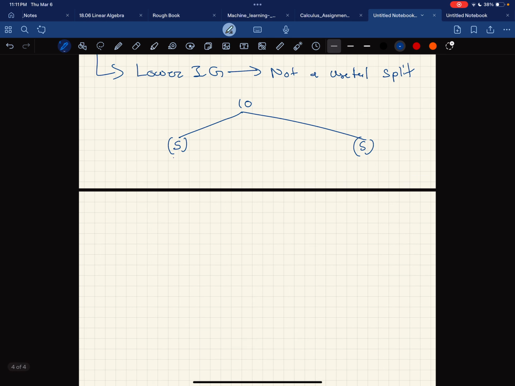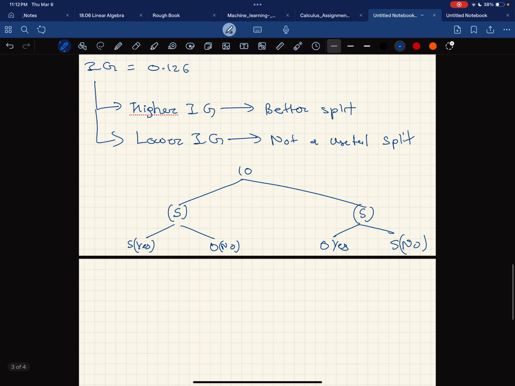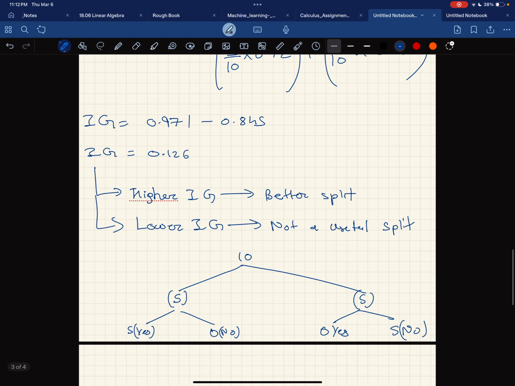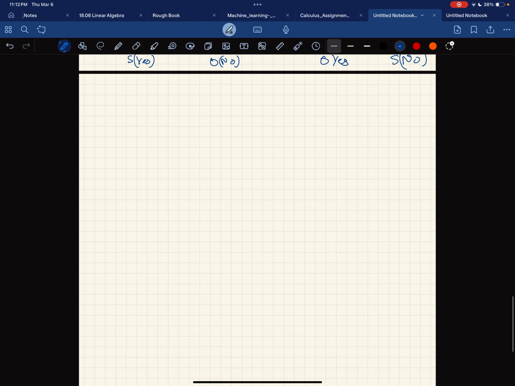If the left child had 5 yes and 0 no's, and similarly the right child had 0 yes and 5 no's, then it can be called the perfect split, where we will get the highest IG. So that was an example, just to give you an idea.